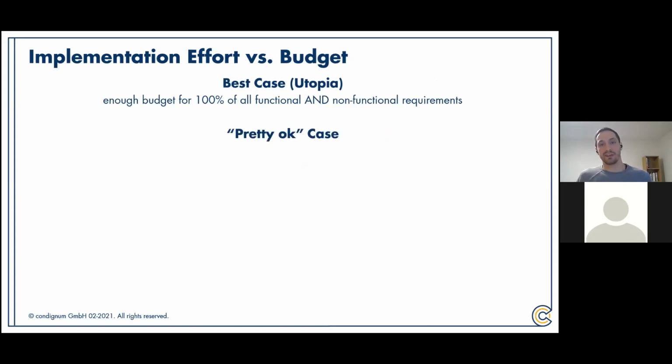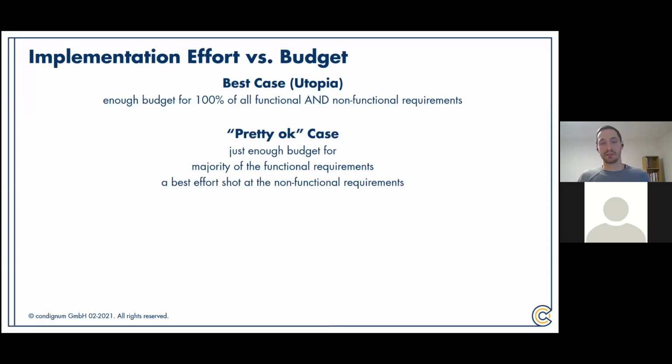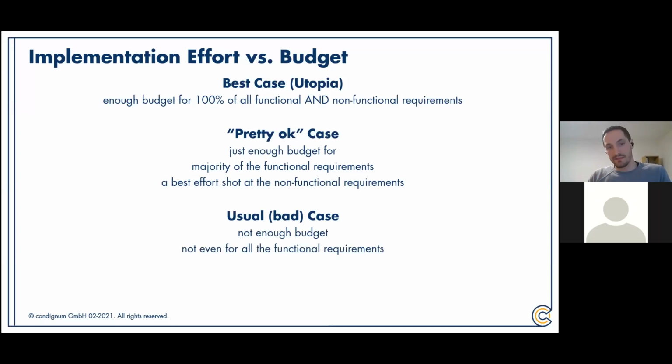In a pretty okay case, there would be just enough budget for most of the functional requirements, and we could give the non-functional ones a best-effort shot. But in the usual bad case, as we all know it, there's just not enough budget, not even for the functional requirements, and of course not at all for the non-functional ones, and so also not for security.